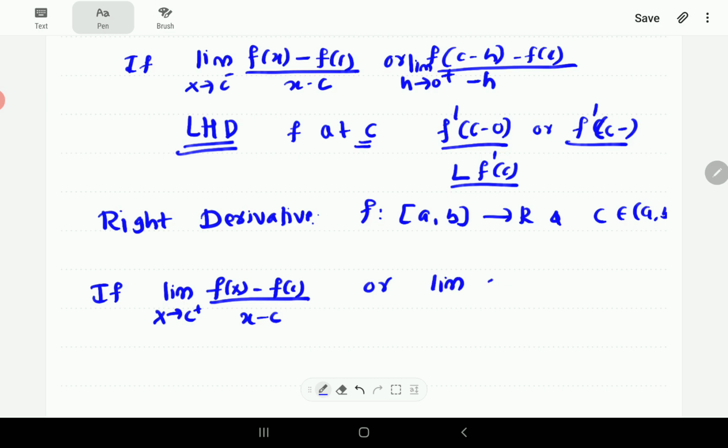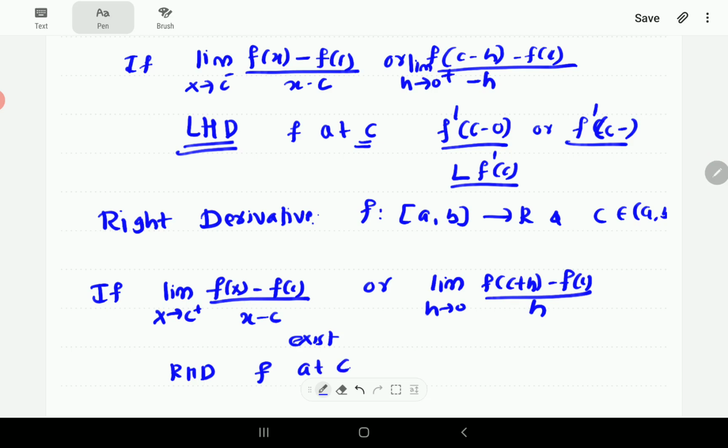instead of x minus c, we will take here c plus h, so f of c plus h minus f of c divided by h, since when you put x as c plus h, it will be h here, and then h tends to 0. So either this or this, both are the same, if it exists, then we say that it is the right hand derivative of function f at c.